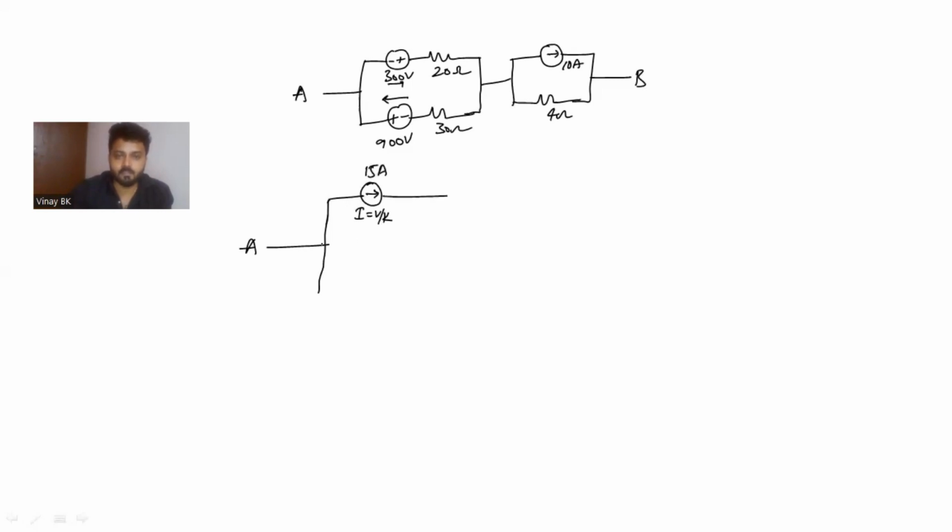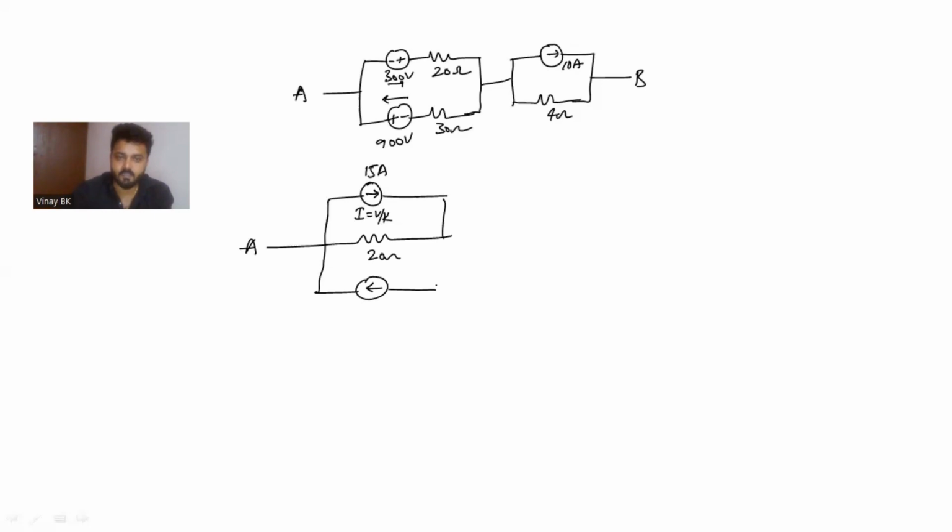Similarly, the resistor 20 ohm is in parallel. Similarly, the 30 ohm, you are transforming that into current source. So that is nothing but 900 divided by 30, 30 amperes, and the direction of current is right to left because polarity is plus minus.